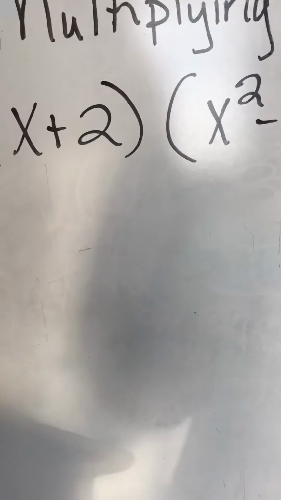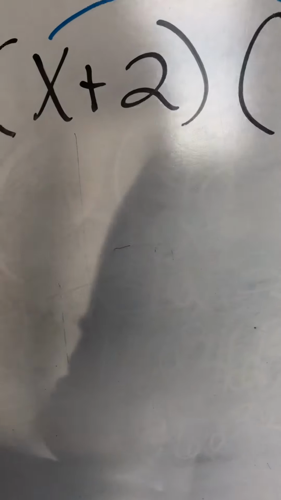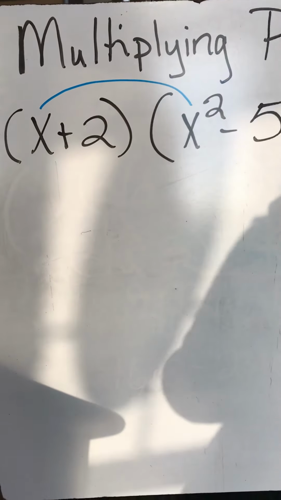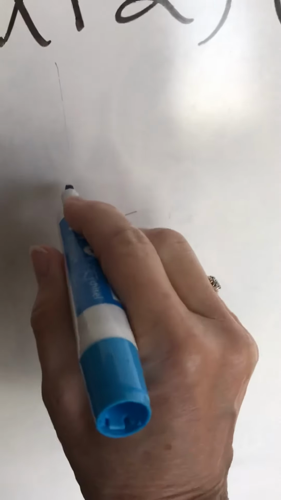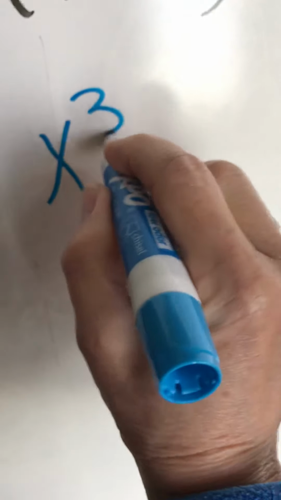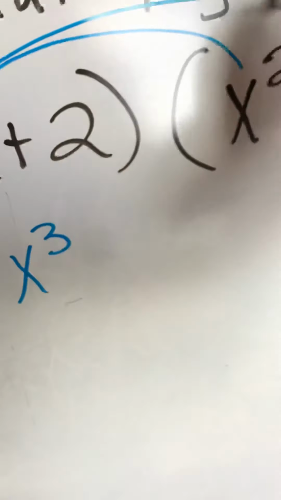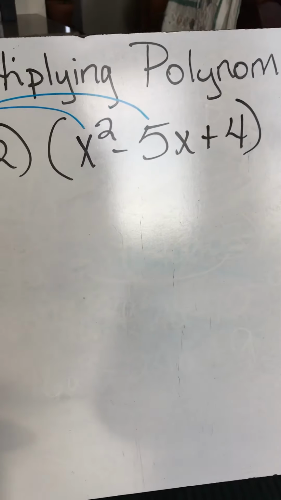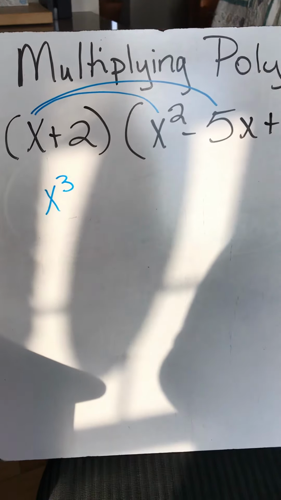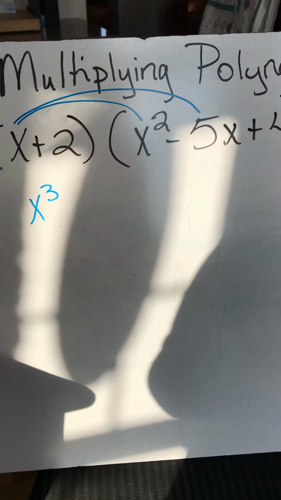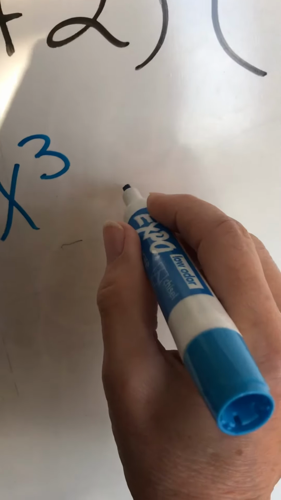So I'm going to take x times the x squared. x times x squared would be x cubed, because you just add your exponents. Then I'm going to take that x and multiply it by that negative 5x. x times negative 5x would be a negative 5x squared.